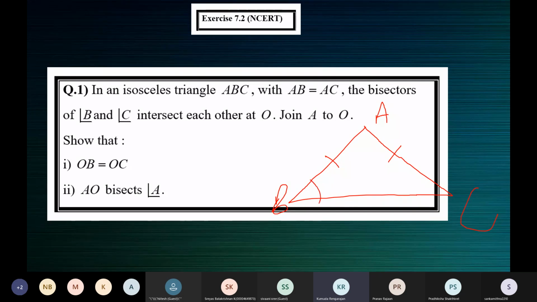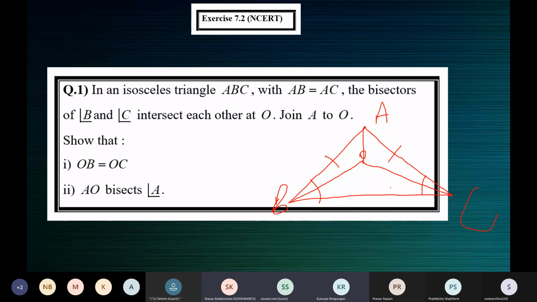This is angle B. So then this will be the bisector of angle B. This is angle C. Then this will be the bisector of angle C. The bisectors of angle B and C, they meet at O. Join A to O. Understood the figure, children?